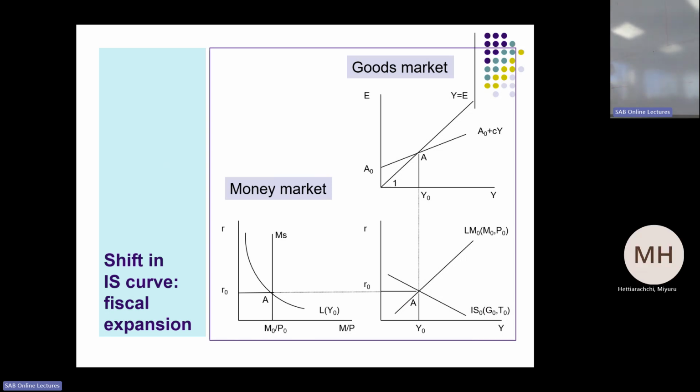R0 is the lower interest rate, we have the high investment I0. So I0 means there's high savings. High savings will associate with the higher income.